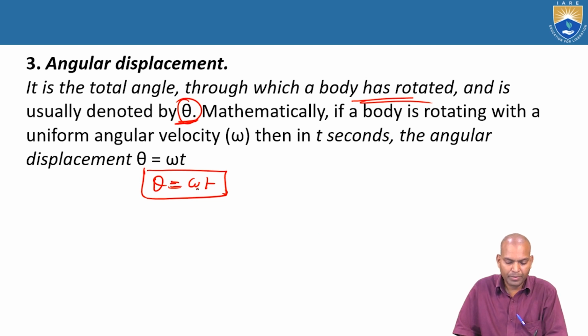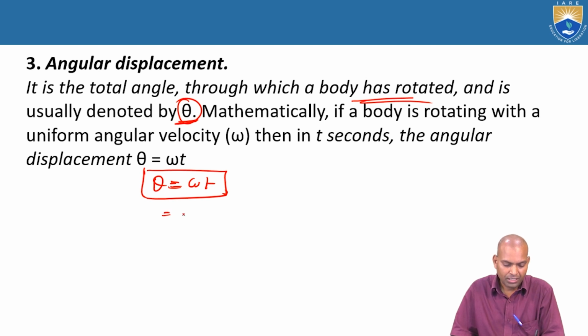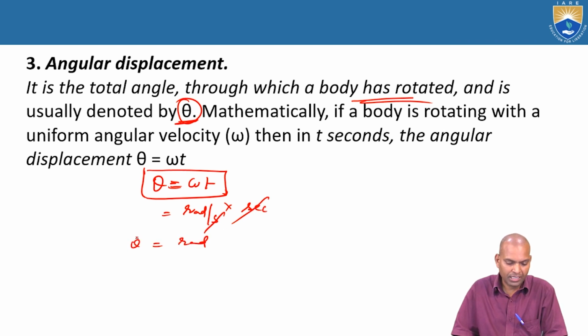Theta is in radians, omega is in radians per second, and t is in seconds. The seconds get cancelled, so the unit for angular displacement is radians.